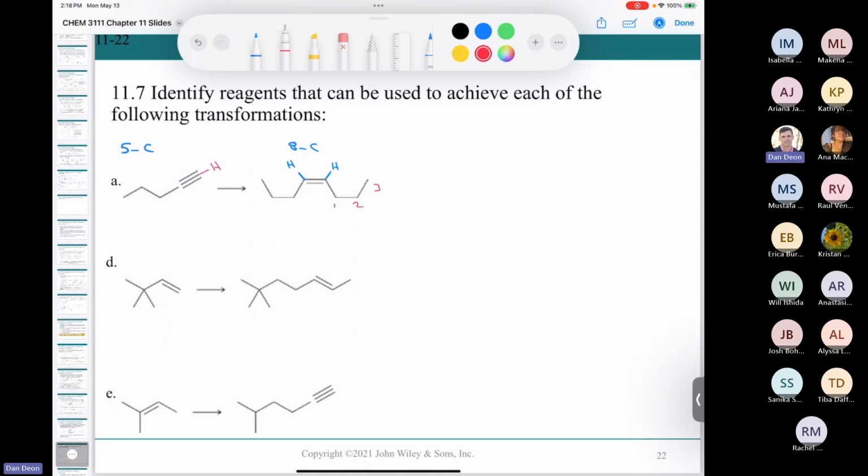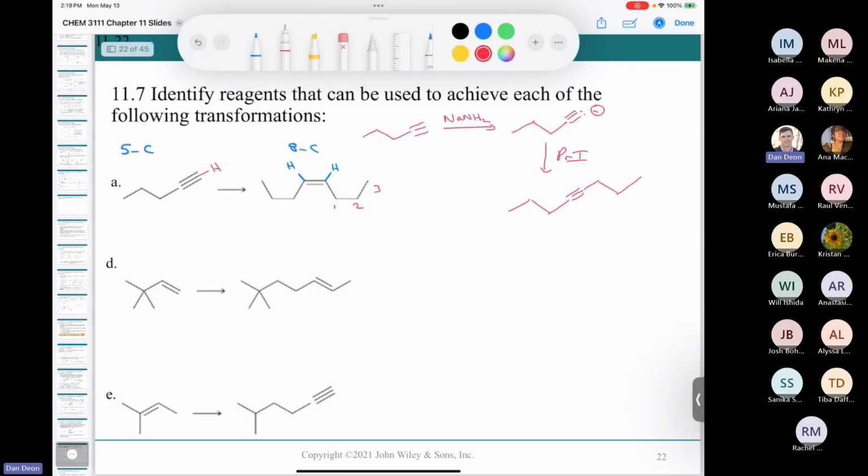All right. Okay. So step 1: we have our starting alkyne. Step 1 is going to be to treat it with sodium amide. That's going to give us the alkanide. Step 2 is going to be to treat it with propyl iodide. That's going to give us 1, 2, 3 carbons.